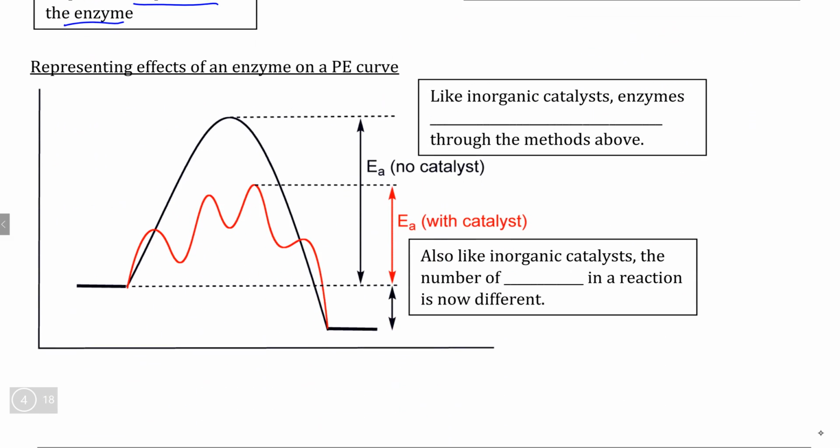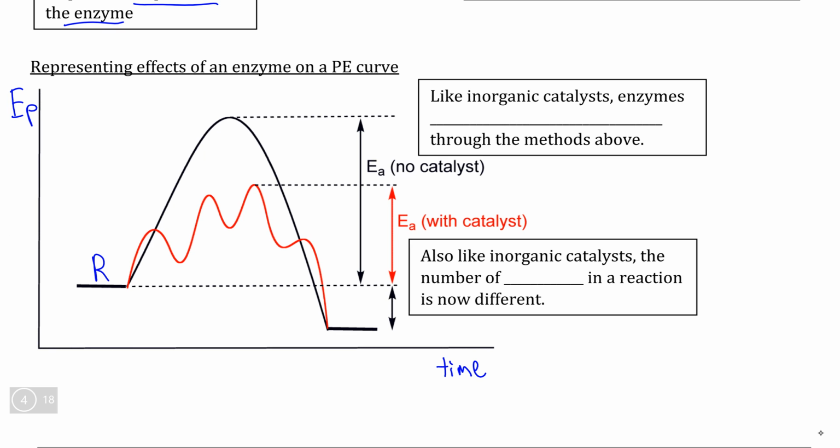Now, if we represent the change in activation energy on a potential energy curve, for those that don't know how to read this, we always put the time that it takes to do the reaction on the x-axis, and we put the potential energy, that being the amount of energy that shows how capable a substance is of reacting.